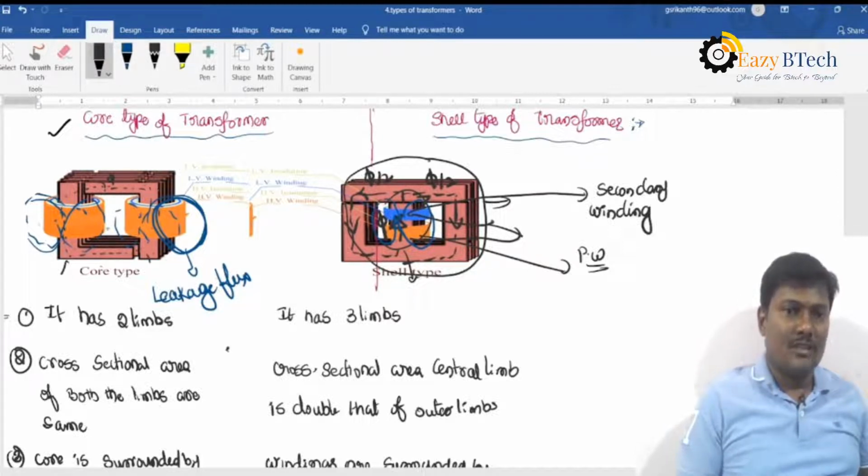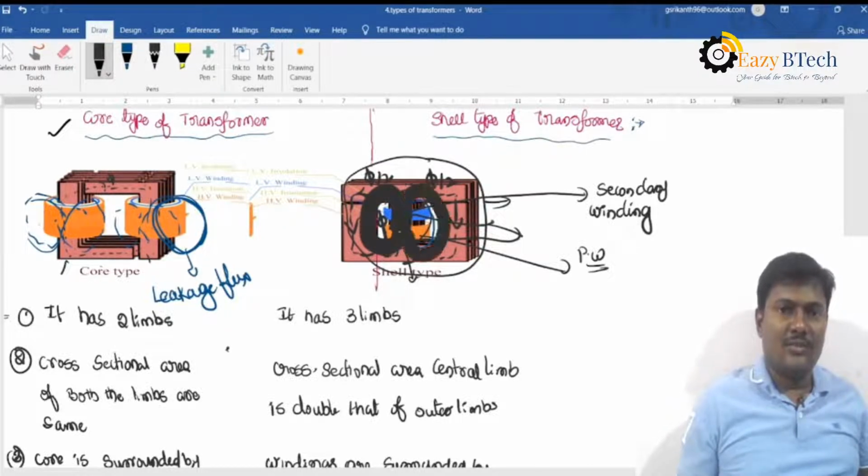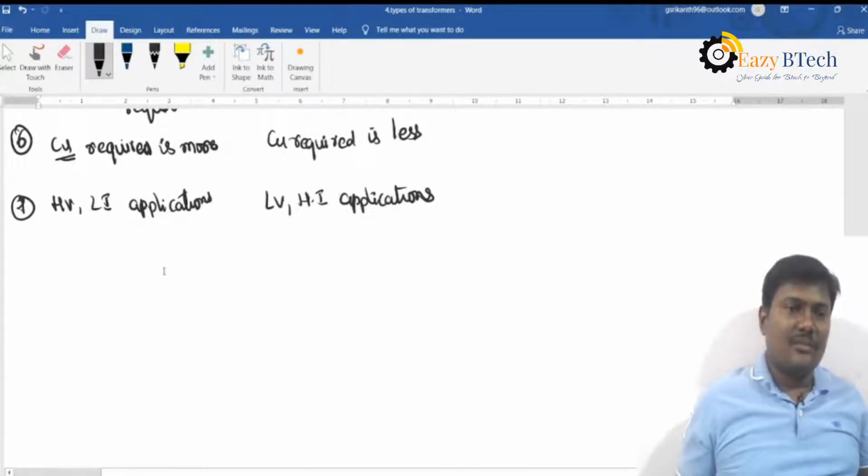I am using a different color. So this is the flux which is produced here. The flux which is produced is common for both the windings, so we can say that the leakage flux is reduced.